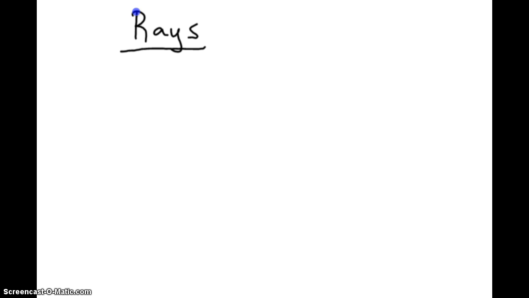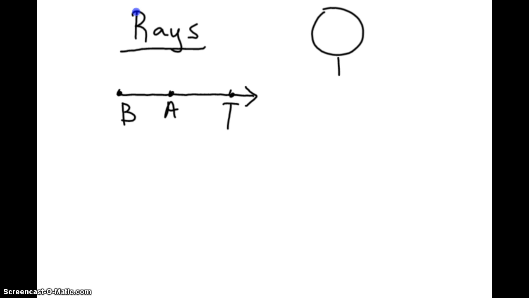Now a ray looks like this. And in my first video, I gave you guys an example of, I think, a sun ray. Because you have a sun, it shines in one direction. Some of you are going crazy because I said one direction. But let's get back to geometry.